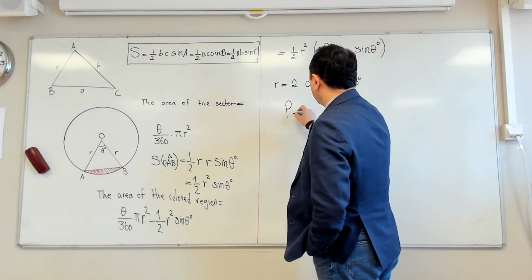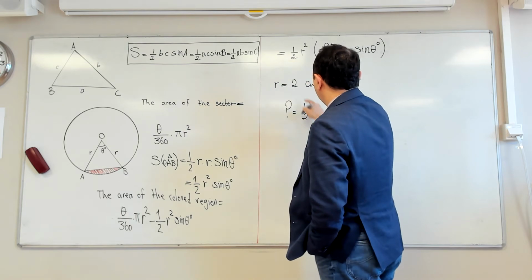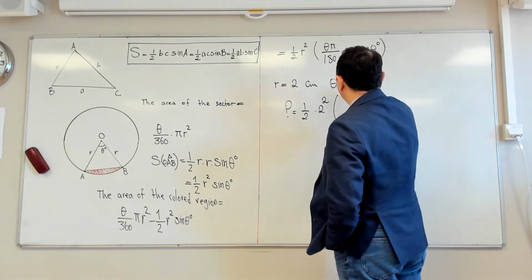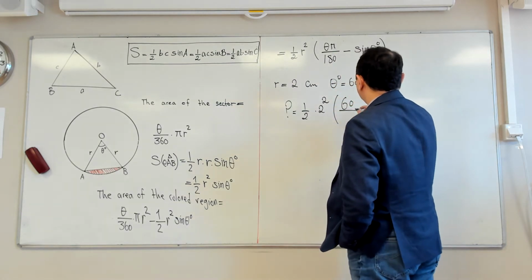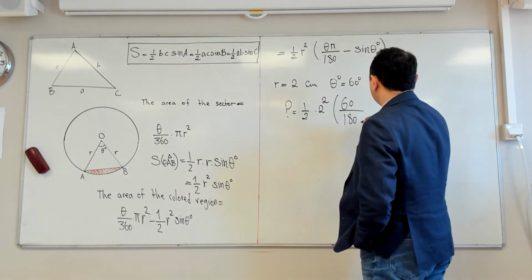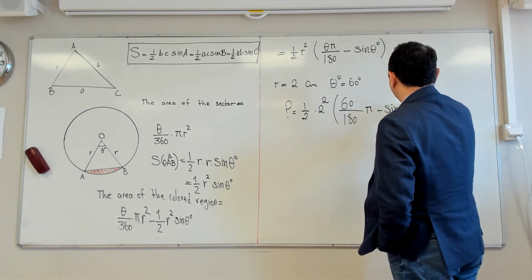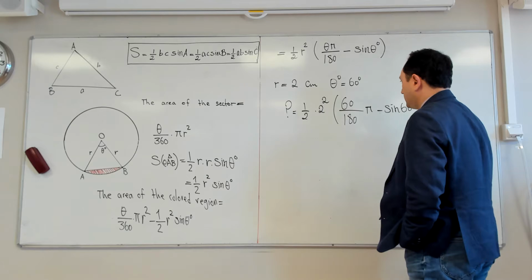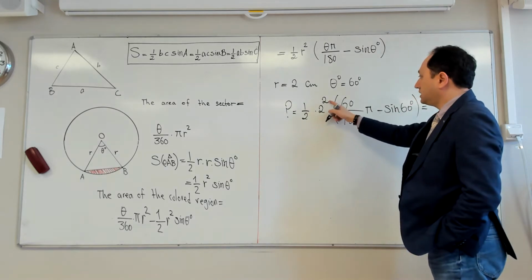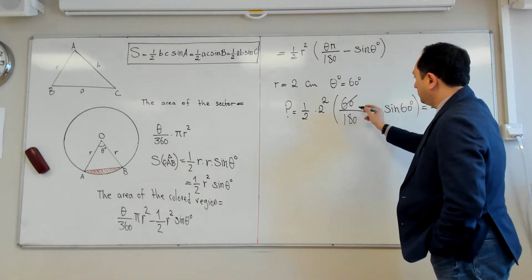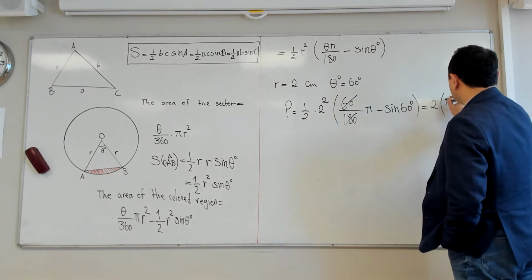So the question would be 1 over 2 r squared, which is 2 to the power 2, and then I would write 60 divided by 180 multiplied by pi minus sine of 60 degrees. Yes? So if you want to calculate, this is 4 times 1 over 2, and this one are simplified, so it becomes pi over 6.